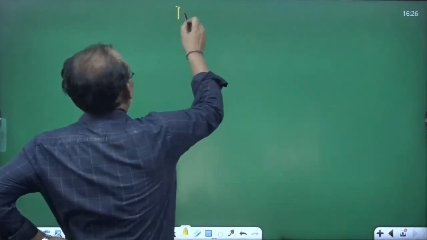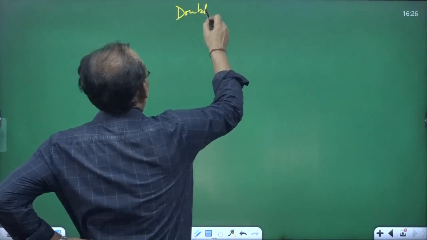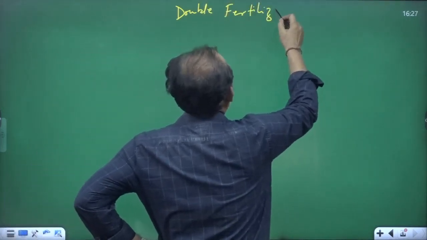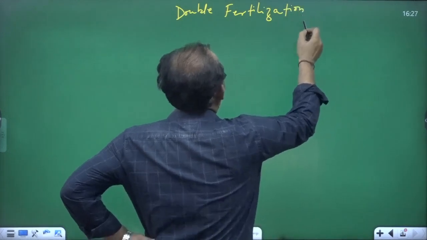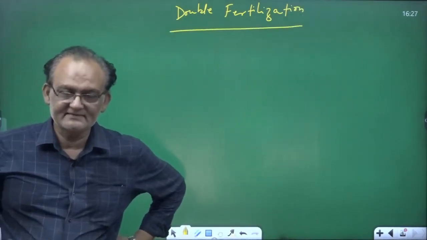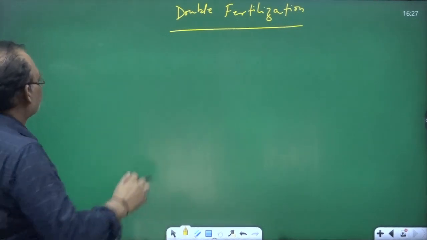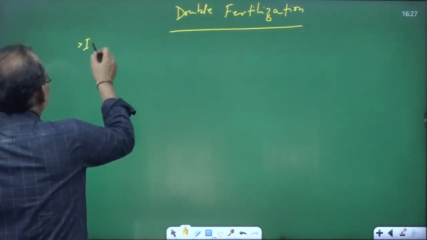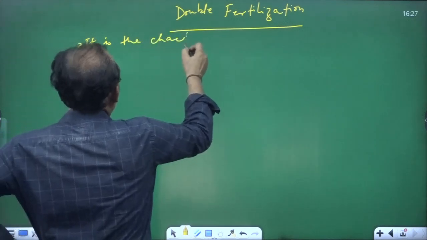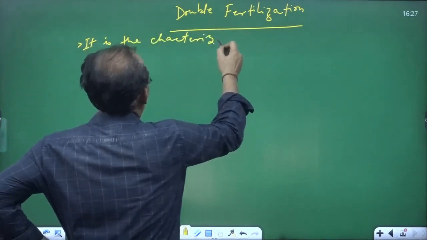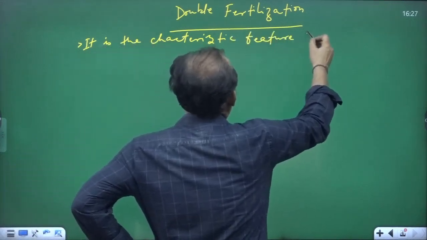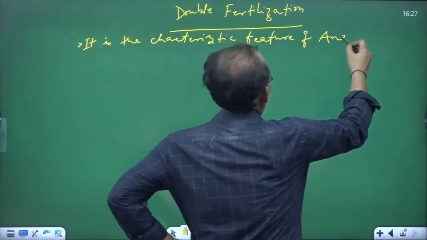What is double fertilization? Once it was asked in the NEET exam what is the characteristic feature of angiosperms? The answer is double fertilization. So the first point you write, it is the characteristic feature of angiosperms.